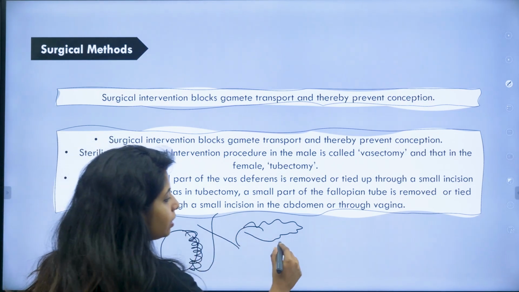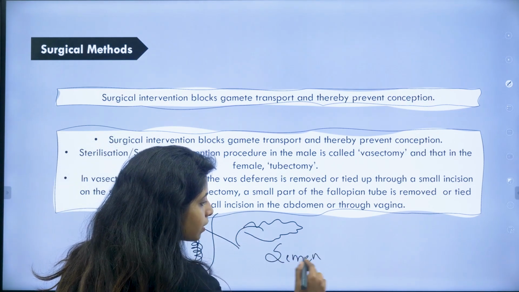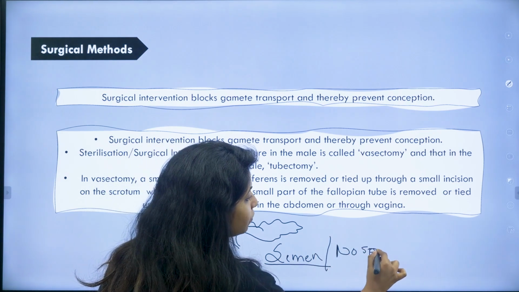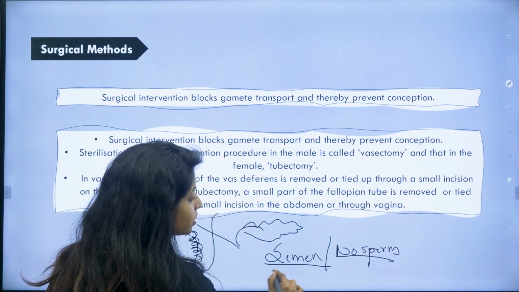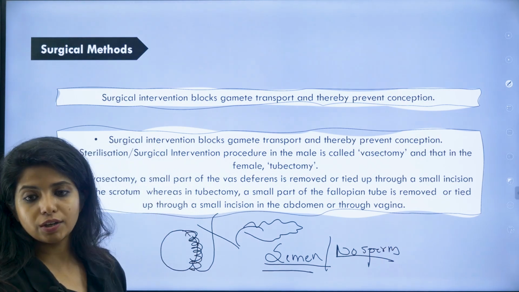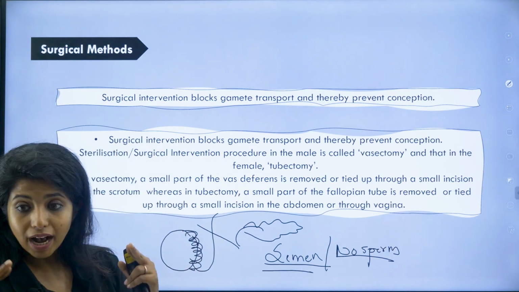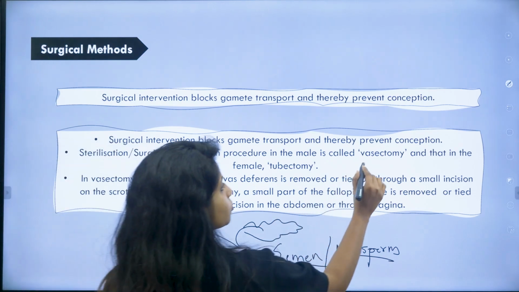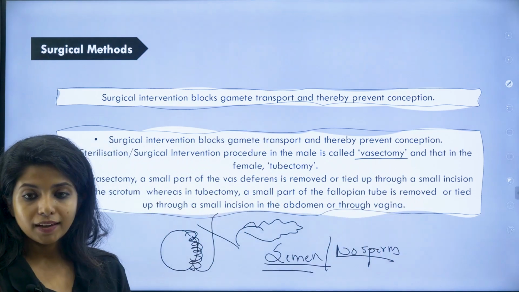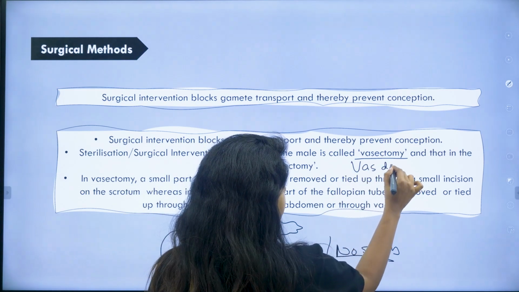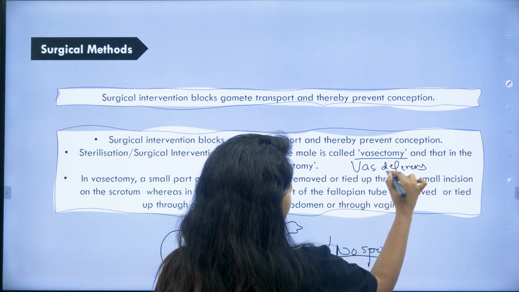So semen will be released, but it would not have any sperm. It will be just a secretion of the glands. Now, when the vas deferens is cut, you call this process vasectomy.